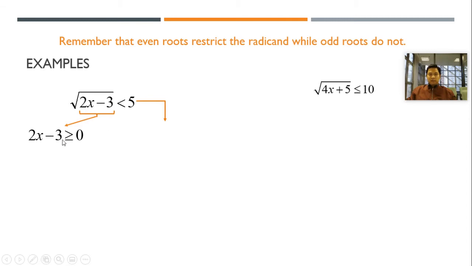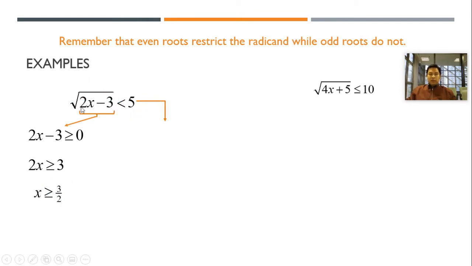One, first the restriction, of course, 2x minus 3 should be kept non-negative. So it's always greater than or equal to 0. And of course, the other one is the whole inequality itself. So if we solve for the restriction, we know that x should be greater than or equal to 3 halves. If this were a function, again, this will be the domain.